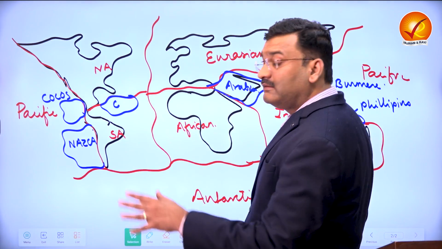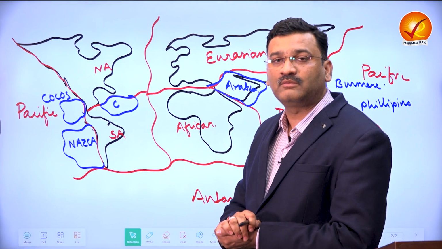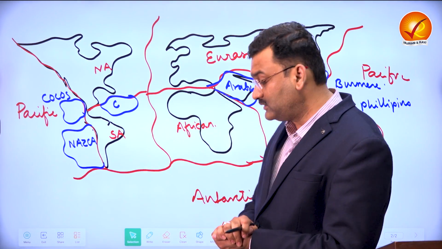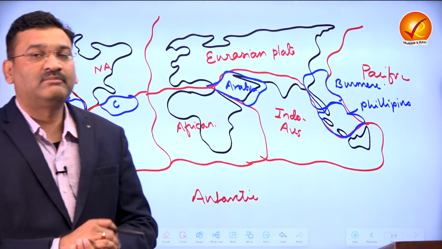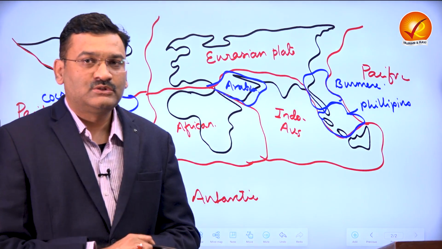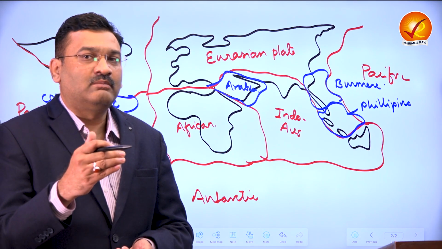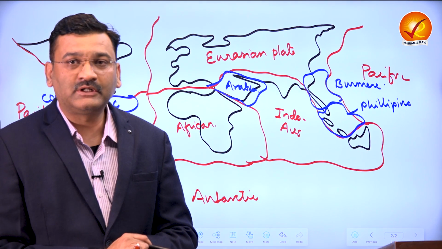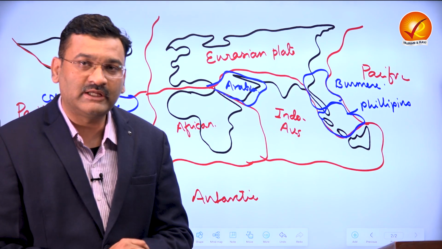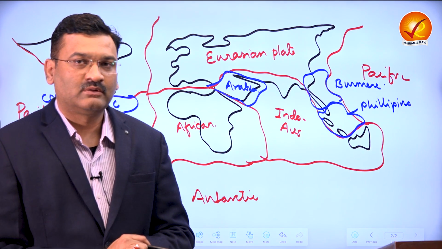The detail about how these landforms are created and how this geophysical phenomenon gets organized, we will be discussing in class. So this will be the major topic of geomorphology, and it is important for both prelims as well as mains exam. Thank you.